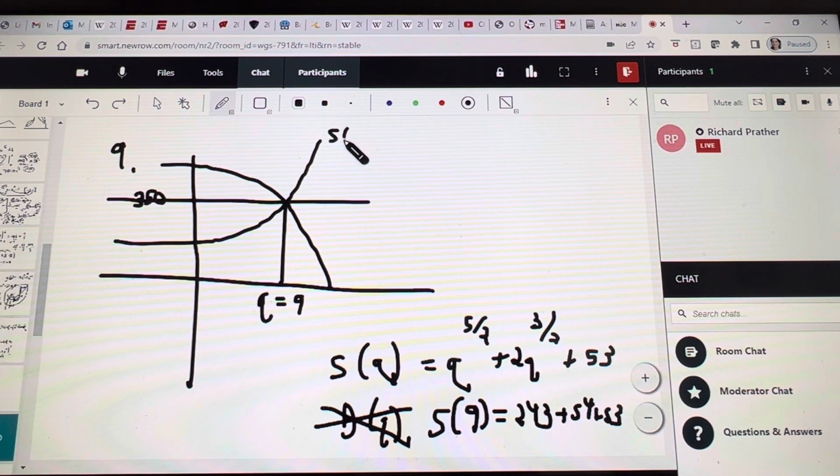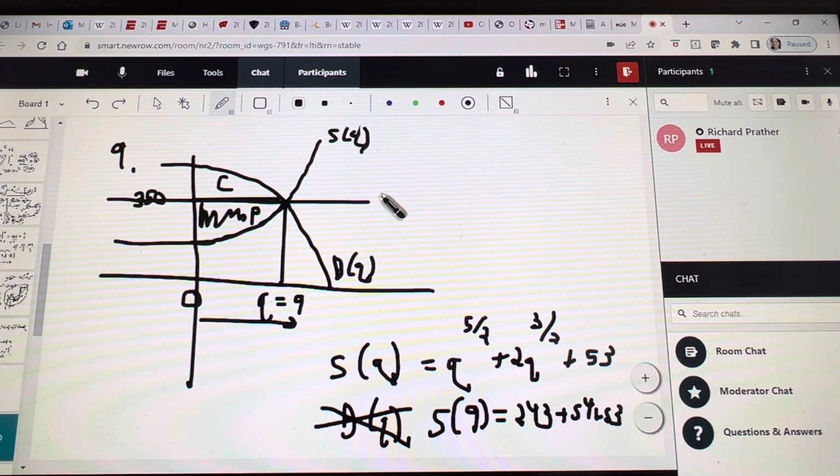This is the supply curve. This is the demand curve, although it doesn't matter for this problem. So from 0 to 9, the horizontal line is always above the supply curve. So then we're looking for this area right here. I always remember it alphabetically, C and P. C is the consumer's surplus and P is the producer's surplus.